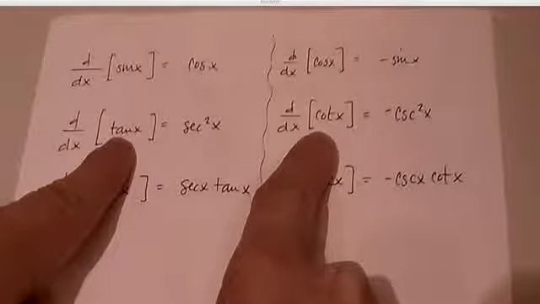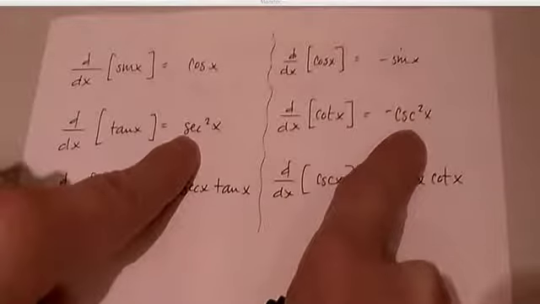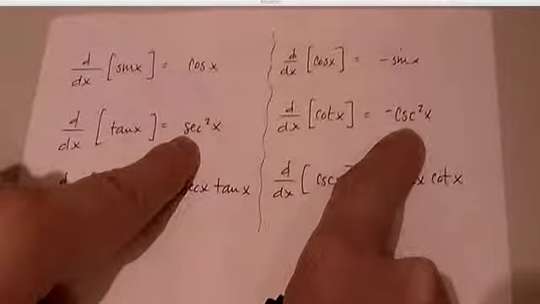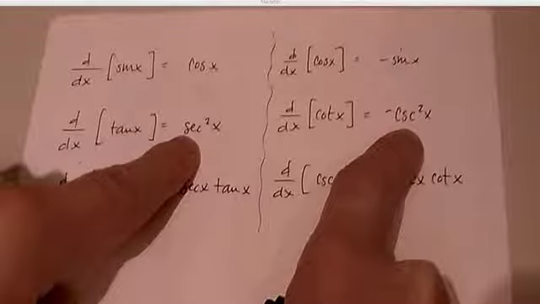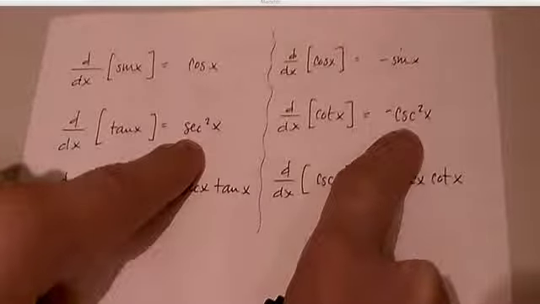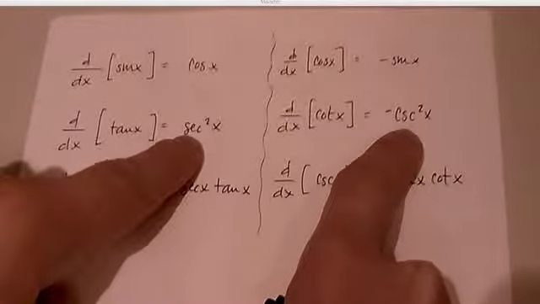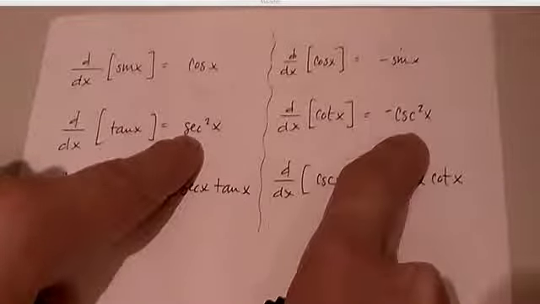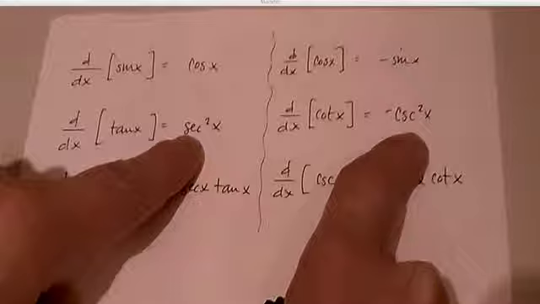Tangent and cotangent are cofunctions. Cosecant squared and negative cosecant squared, this one's negative, and all the functions here are the cofunctions of the ones over here. Now granted, you have two of them, right? It's secant times secant, and here it's cosecant times cosecant. But still, the pattern holds.